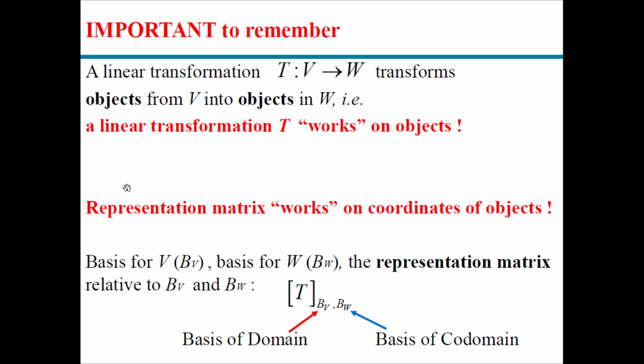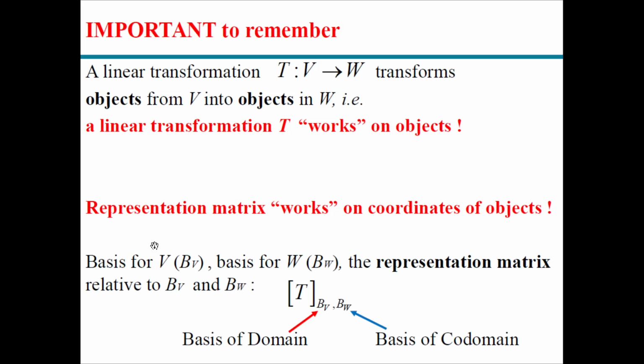Whereas the representation matrix for that same linear transformation works on coordinates of objects. So this is what is important to remember in this entire course related to section 8.4: the matrix representation works on coordinates of objects, whereas linear transformation works on objects themselves.